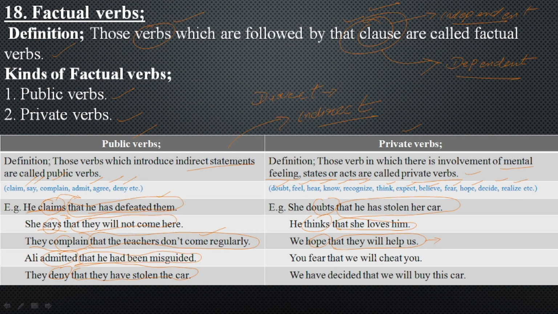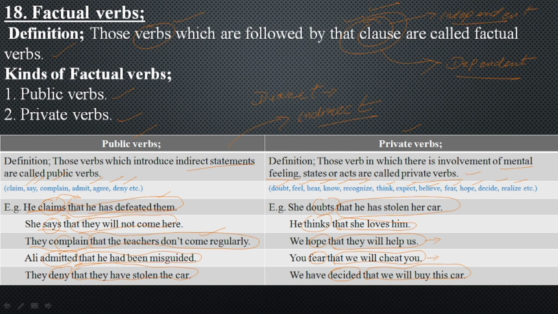Expectation must be from the Almighty Allah, not from the people. And next: you fear that they will cheat you. This is your mental feeling, but in fact, we won't cheat you. We have decided. What have we decided? That we will buy this car.